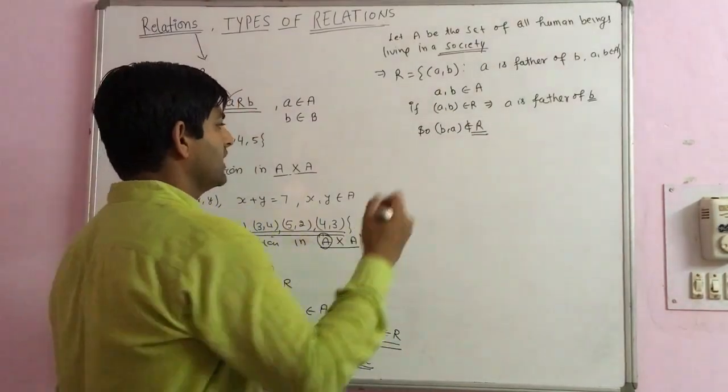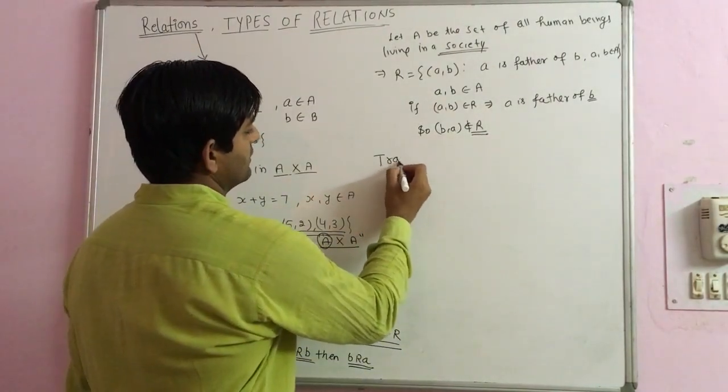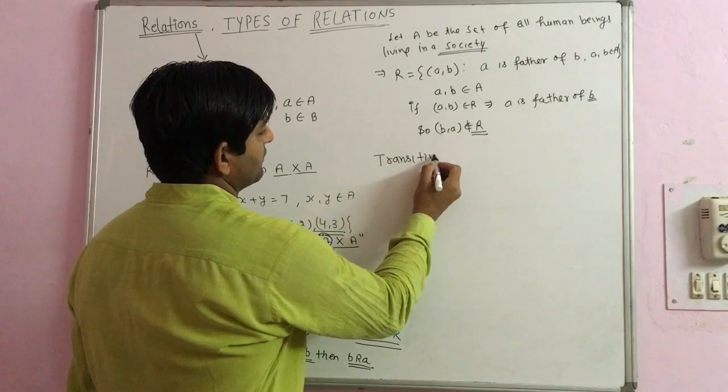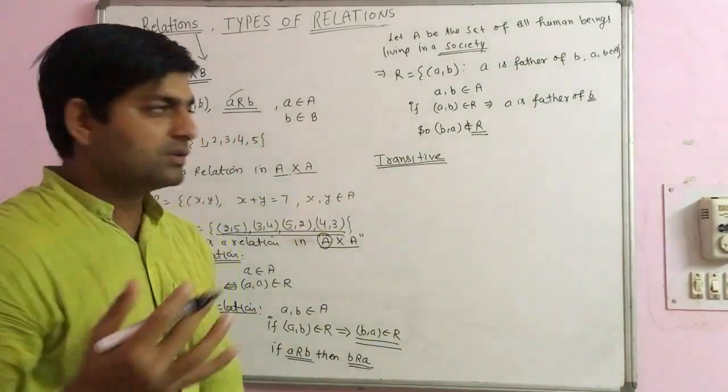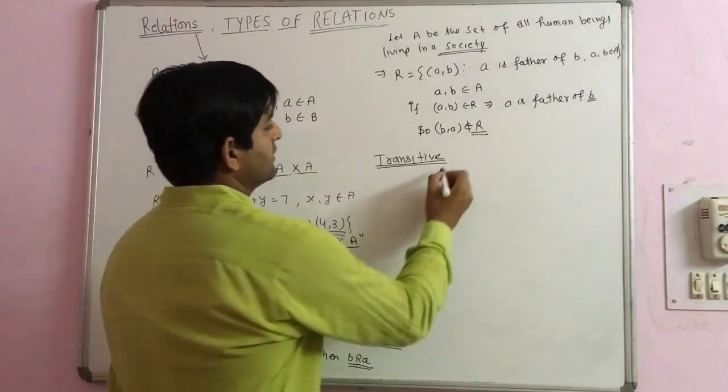Now coming to the third relation, which is transitive. So what is a transitive relation?